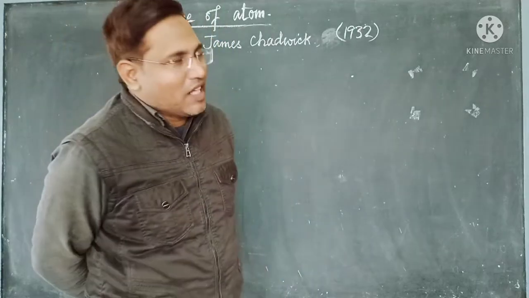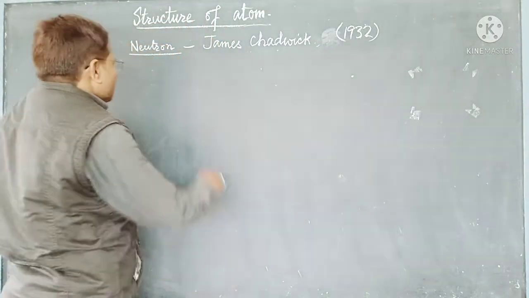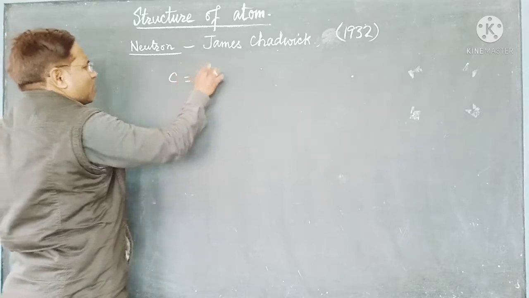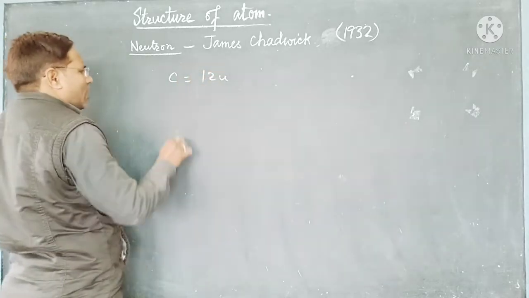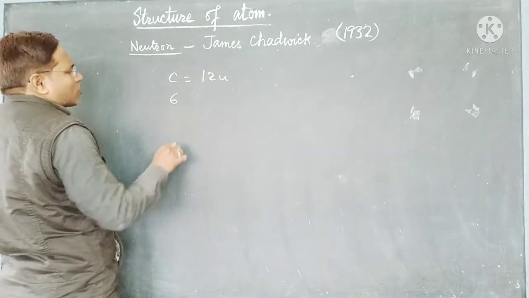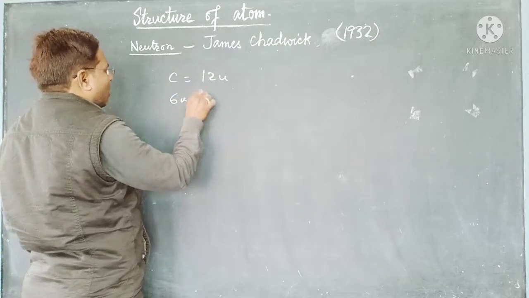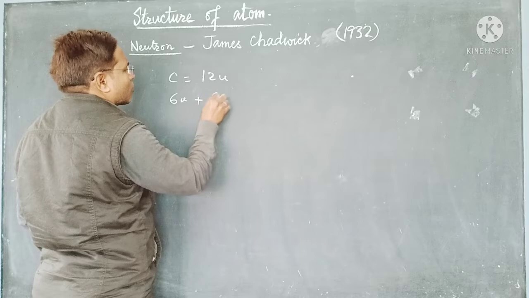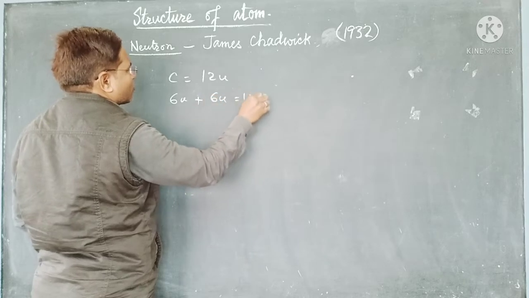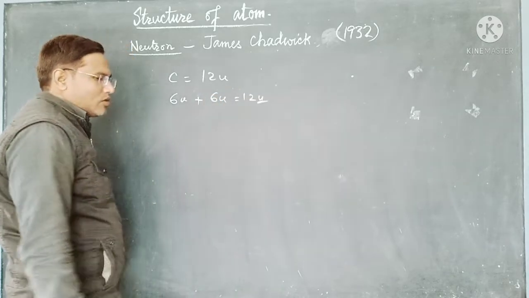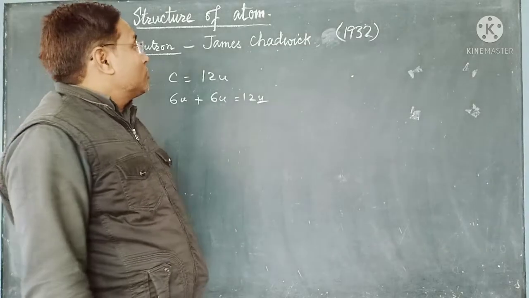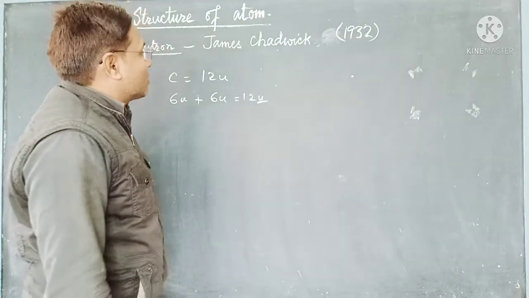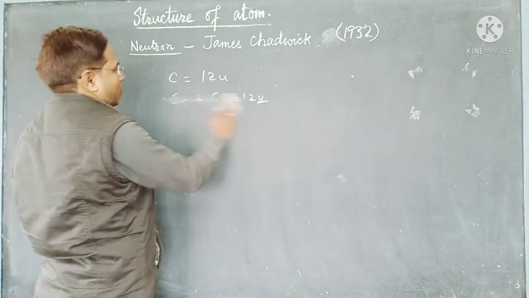For example, in carbon, the atomic mass is 12 U, and there are 6 protons, so 6 U, and then neutrons also 6 U, so 6 plus 6, 12. Thus, in this way, the discovery of neutron was done.